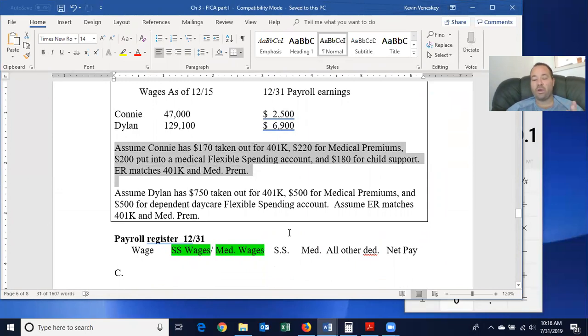And so we need to decide which items can we count as not being taxed and which items doesn't matter that they're taken out. So we'll go through this for Connie just to make sure you have it down. Now, if you want to, go ahead and pause now and try it yourself. But then here in a few seconds, we'll go ahead and go through it. So pause it and give it a shot, and then we'll work through the answers.